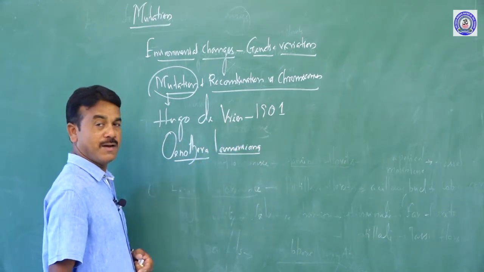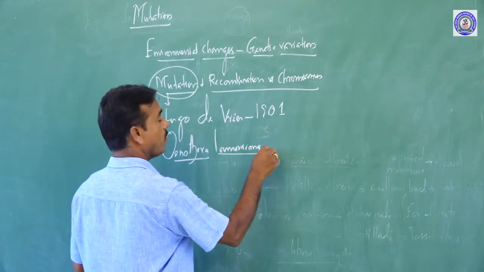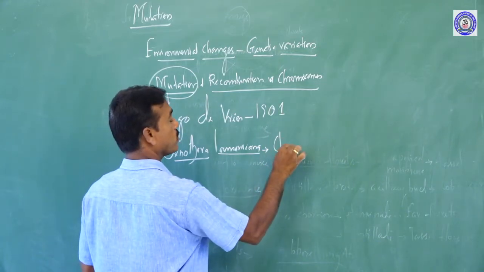Oenothera lamarckiana. How is it commonly called? Changing primrose.